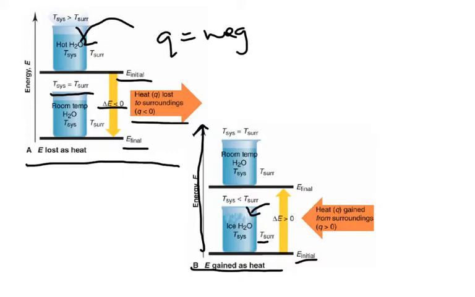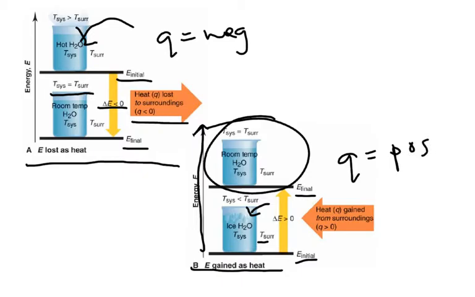Then if we just leave this out in room temperature, the final energy is going to be higher than the initial energy because this ice will melt and go back to room temperature. So in this case, the heat energy is gained from the surroundings, and that's what causes the ice to melt. So in this case, Q is going to be positive.